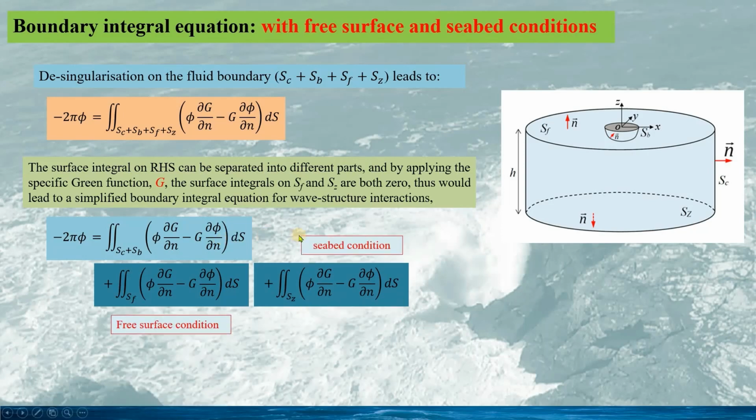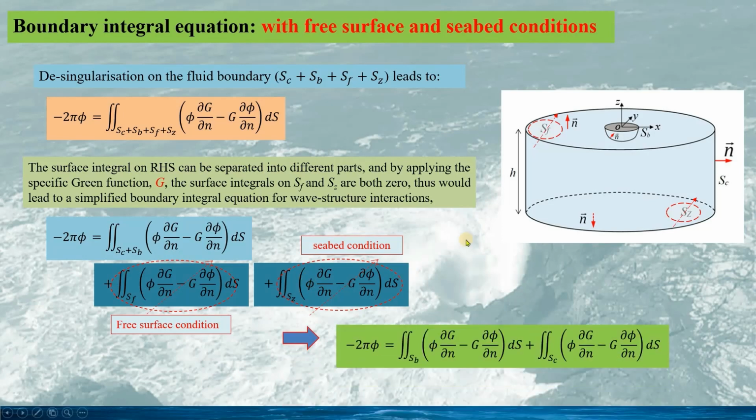Since the free surface condition and the seabed conditions are all satisfied for both potential function phi and the Green function G, the surface integral on the free surface and on the seabed would be zero. If you like, you can find the proof in my last talk on Green's theorem and the Green's function.